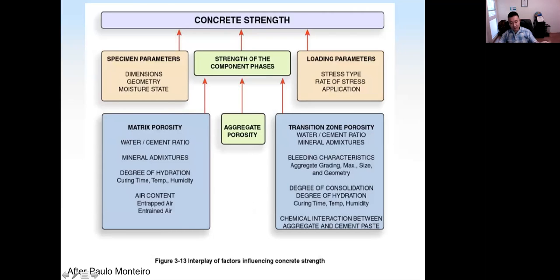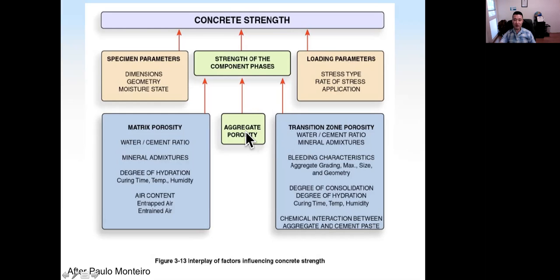All right. So today we just focus on concrete strength. This is the number one most important property of concrete materials. So we know it is affected by so many parameters, such as specimen dimension, geometry, or even the moisture state when we test the specimen.